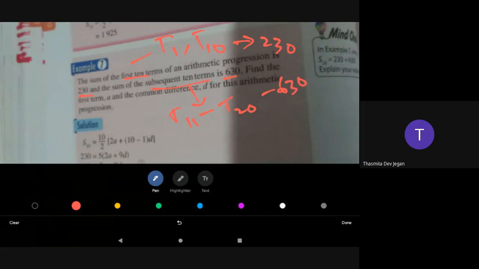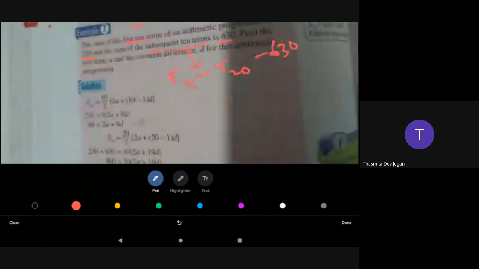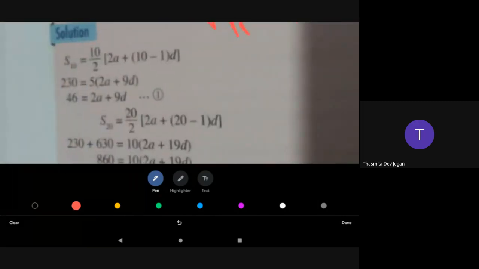So we will use S10. We want to find S10: 10 over 2 times (2a plus (10 minus 1)d). We don't know 2a yet.